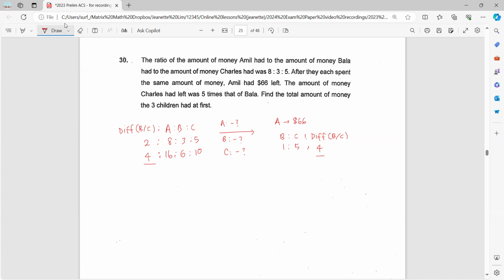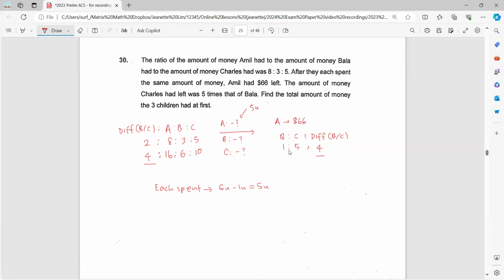Now figure out what is $66. So each person spent how many units? Let's say I compare B. B is 6 units versus 1 unit, so each of them actually spent 5 units.